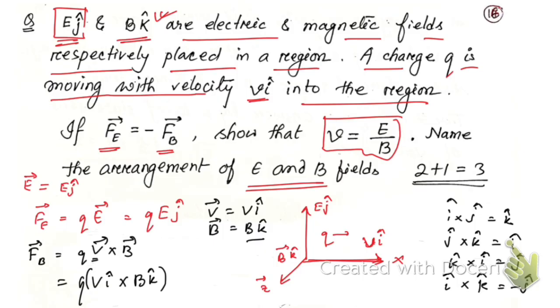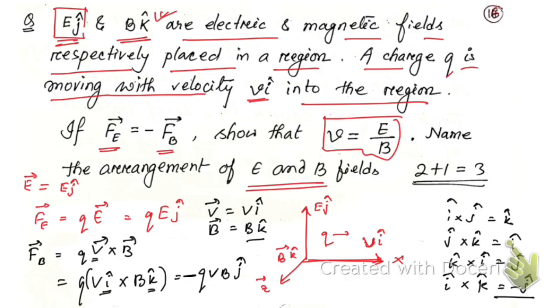It must be minus J cap. So that's why the cross product of these two will be equal to minus Q V B minus J cap, and the minus sign is written here. This is the minus sign. Okay, due to I cross K we have got the minus sign.